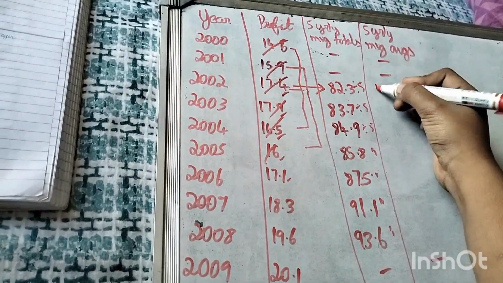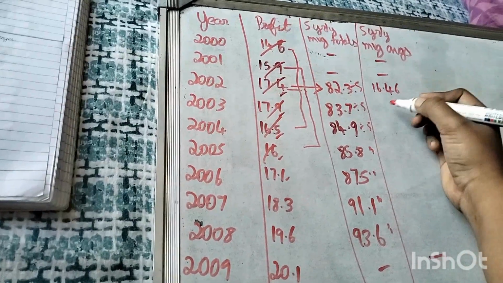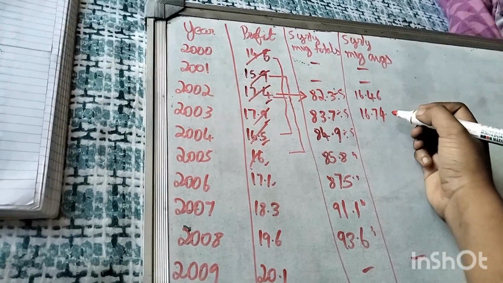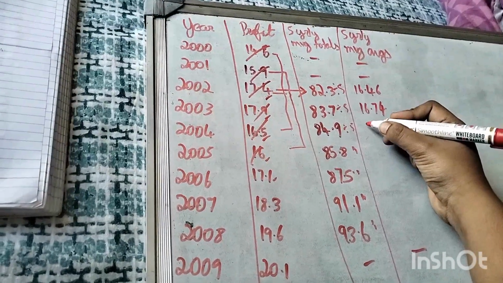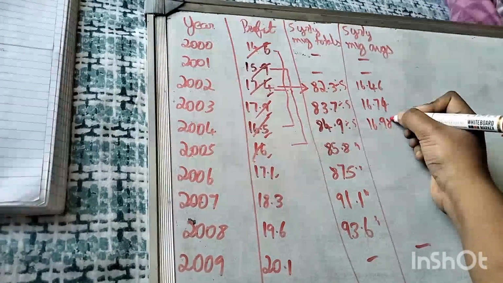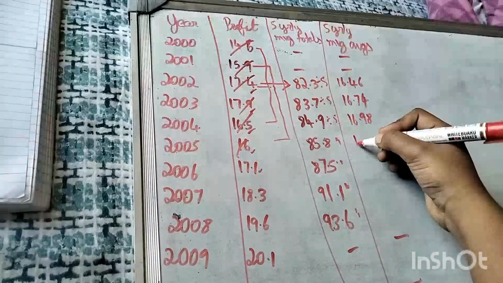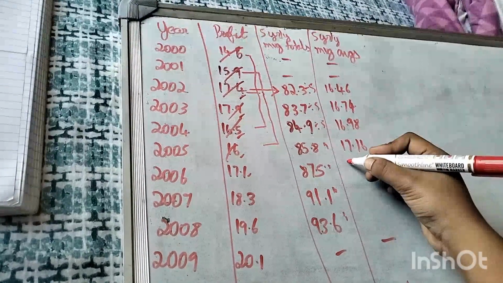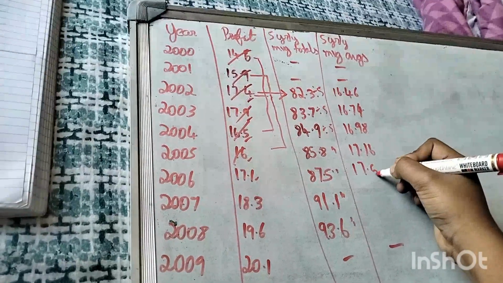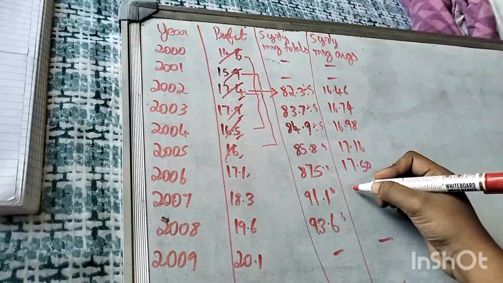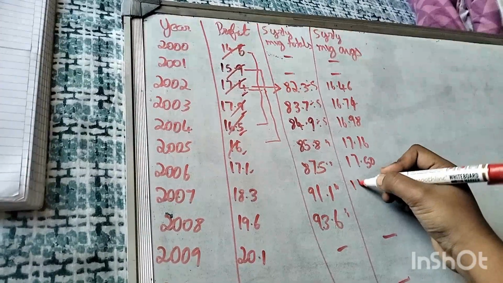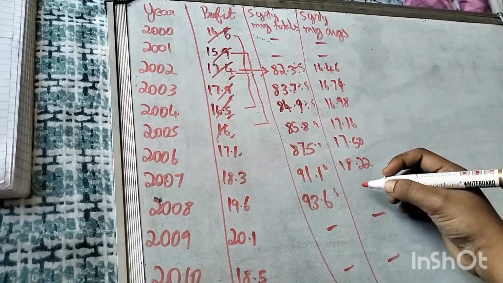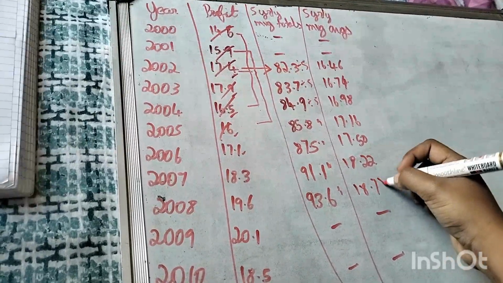And then it's going to be 16.46. 83.7 divided by 5 is 16.74. 84.9 divided by 5 is 16.98. 85.8 is 17.16. 87.5 divided by 5 is 17.50. 91.1 divided by 5 is 18.22. And 93.6 divided by 5 is 18.72.